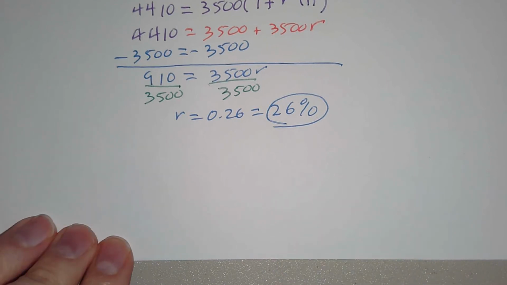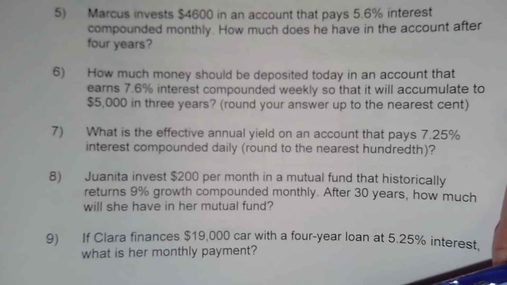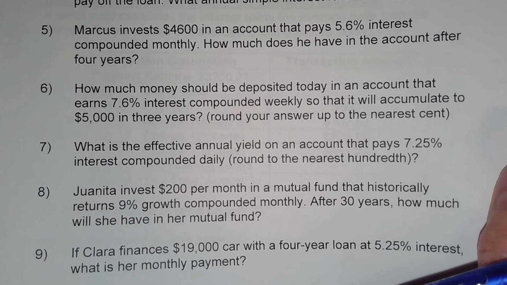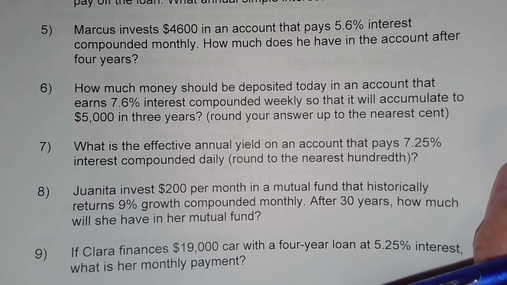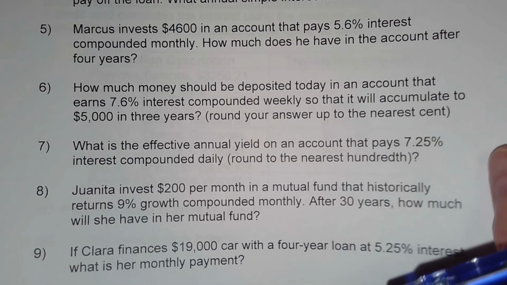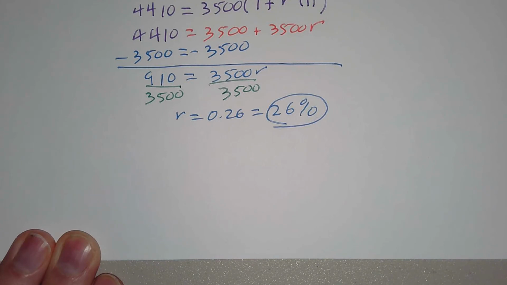And now let's take a look at number 5. Marcus invests $4,600 in an account that pays 5.6% interest compounded monthly. How much does he have in the account after 4 years? So this is a straight compound interest problem.